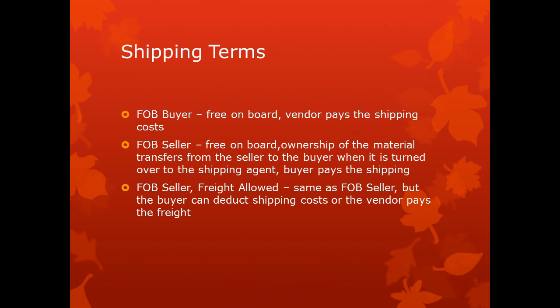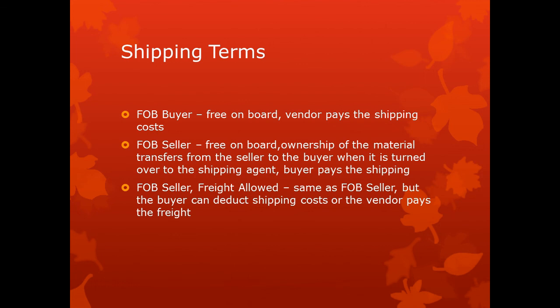So like this, whenever we write the check for that piece of equipment, we can deduct that shipping cost out of there, and in essence, the supplier is paying the shipping. Really, it's only FOB seller where you and I pay the shipping.